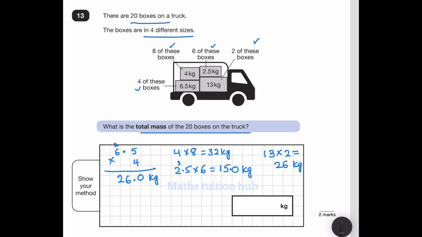Now to find the total mass of 20 boxes, we have to add all these together. 26 add 32, add 15, add 26.